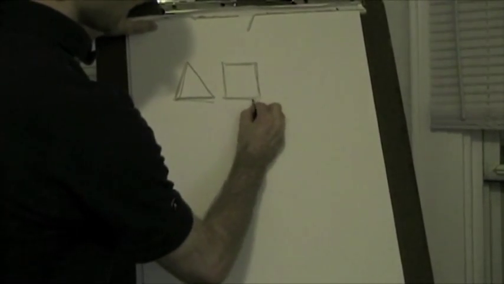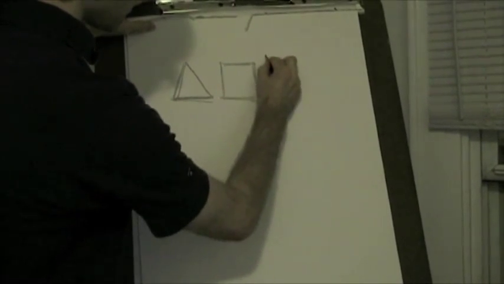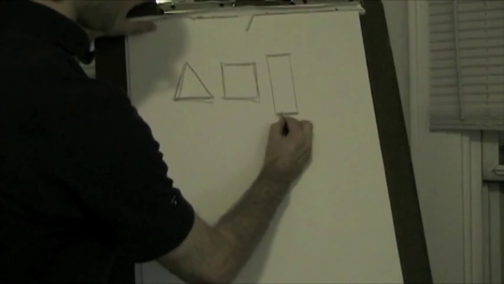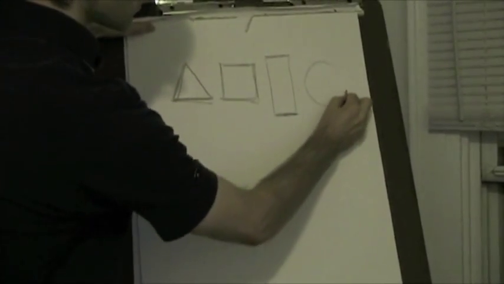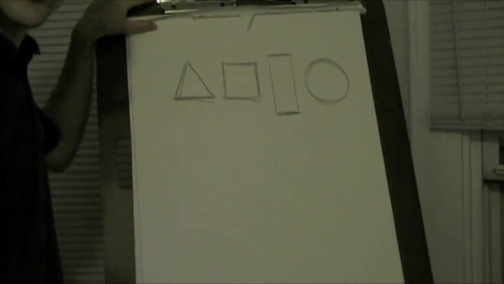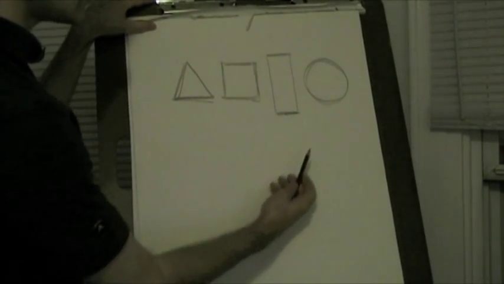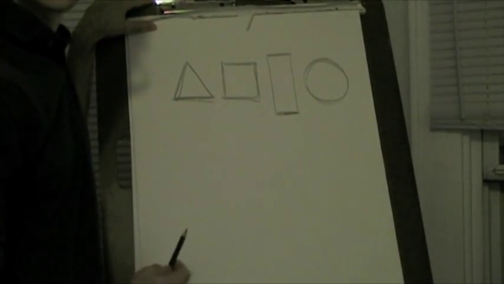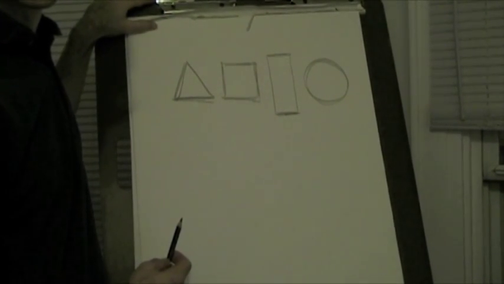And sort of an extension of that, you have your rectangle. And our circle. So these are our simple shapes that we can use as a basis for gesture drawing with broad shapes.